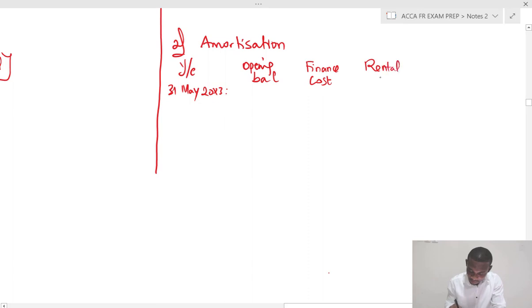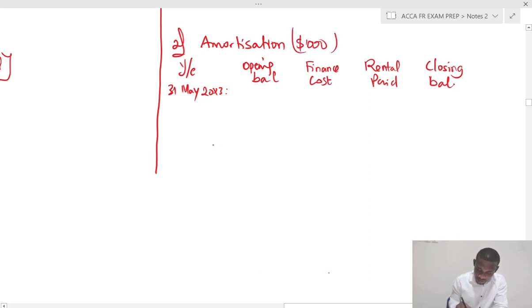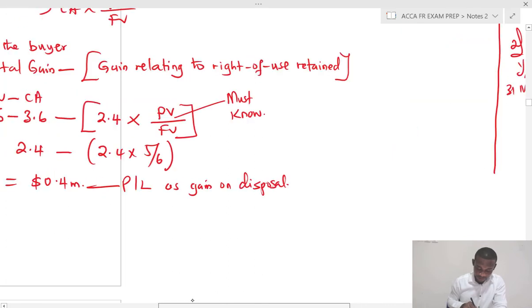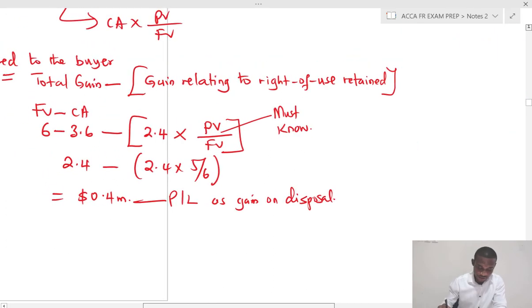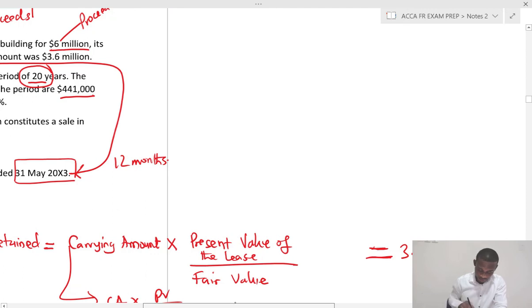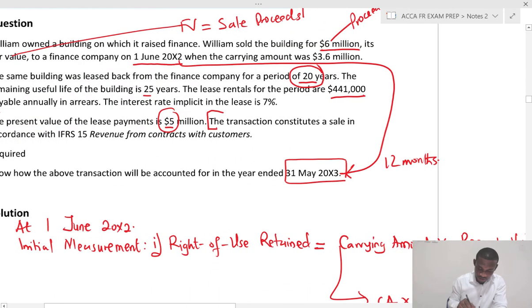The opening balance, let's say in thousands, would be 5 million, which is 5,000 here. Then I have the interest, which was given as 7%, the implicit rate.